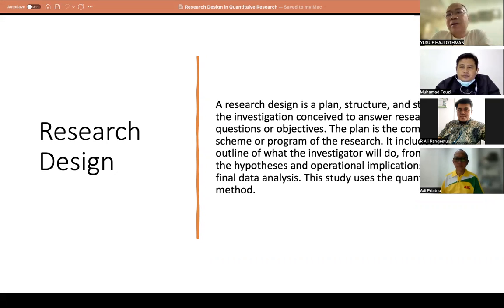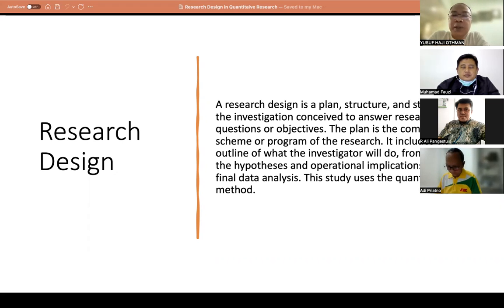So we need to define, and then we need to explain how we are going to measure attitudes. It is not easy to do. Something that is abstract, and we need to define and explain how we are going to measure. So what we do is we look at the previous studies.